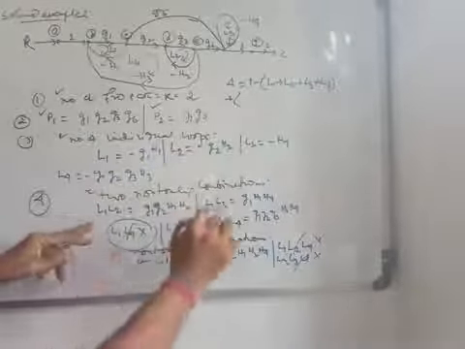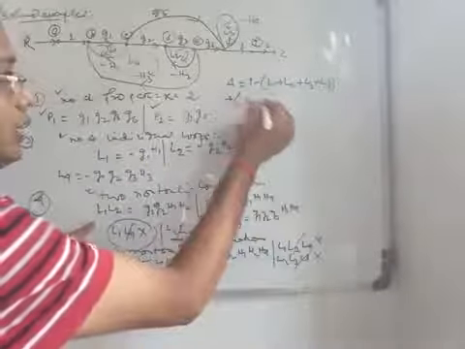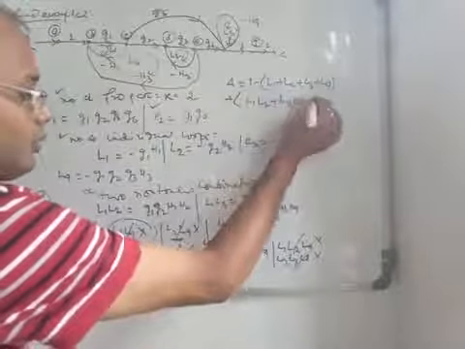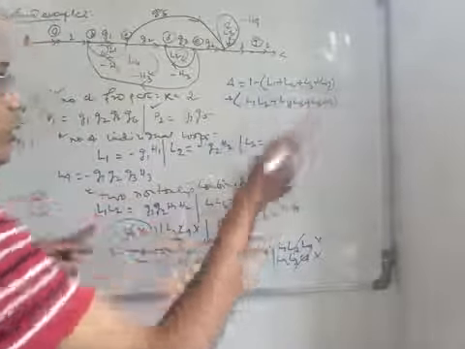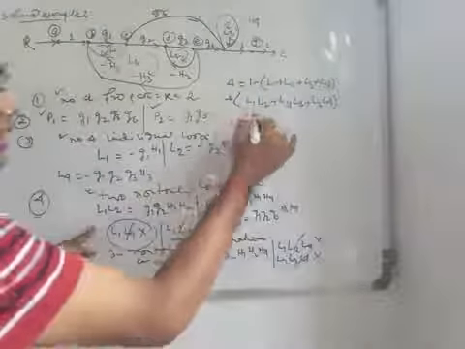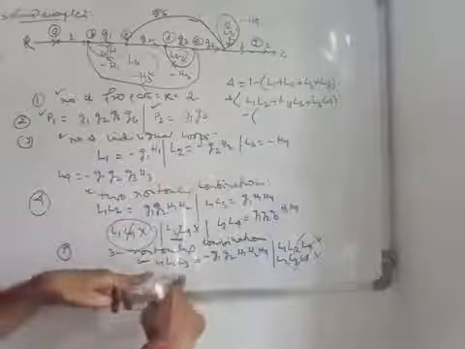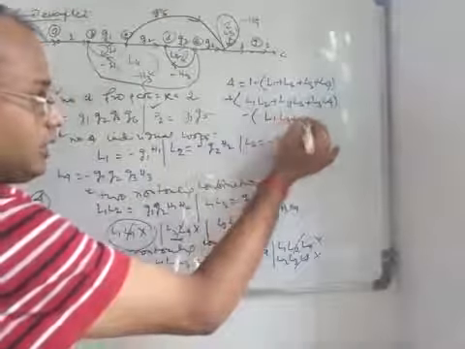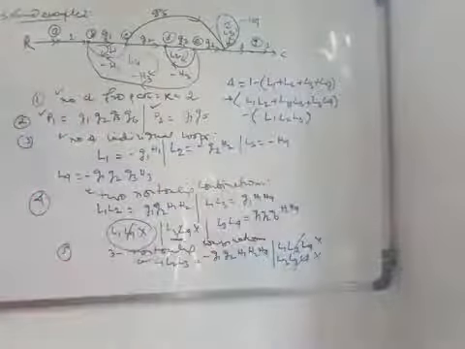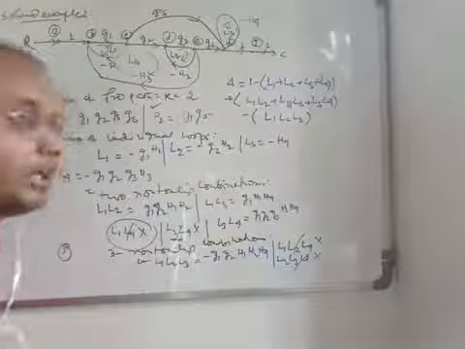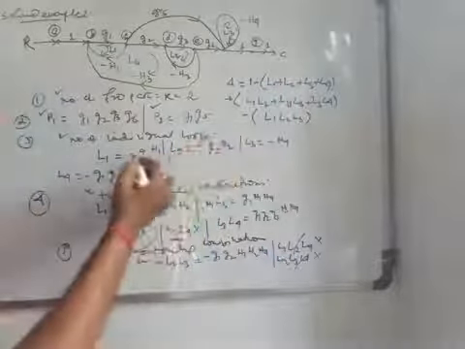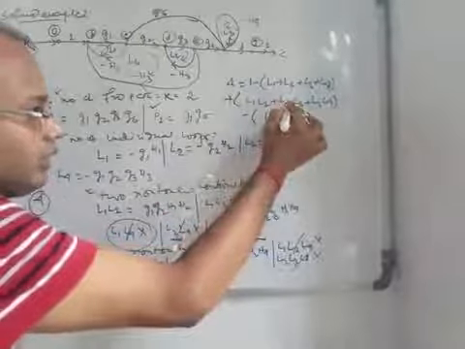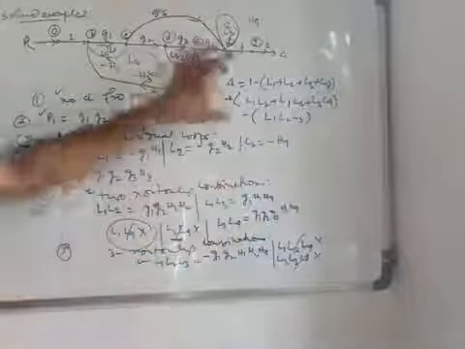That means we can write three possible combinations, L1 L2 plus L1 L3 plus L3 L4, minus the combination of three non-touching loops, L1 L2 and L3. So this is your delta. Now if you put in the value of L1, like minus G1 H1, and all these things that I am not putting here, you get the value of delta.